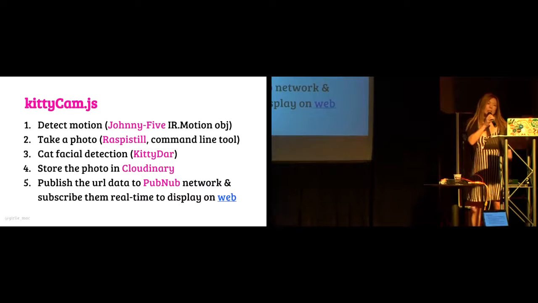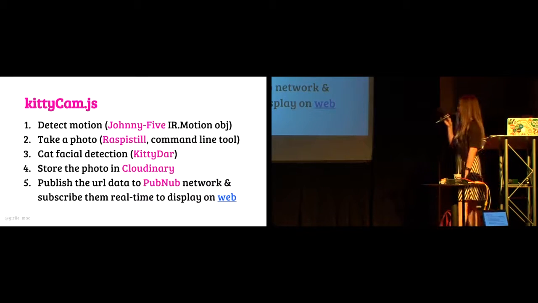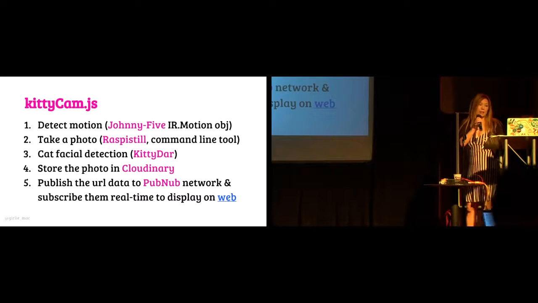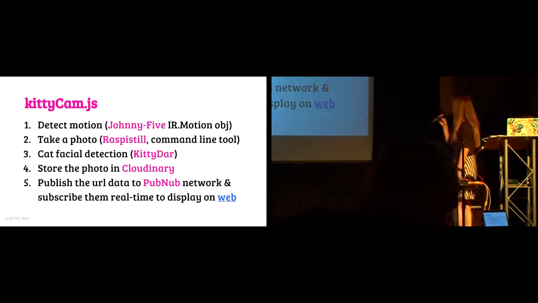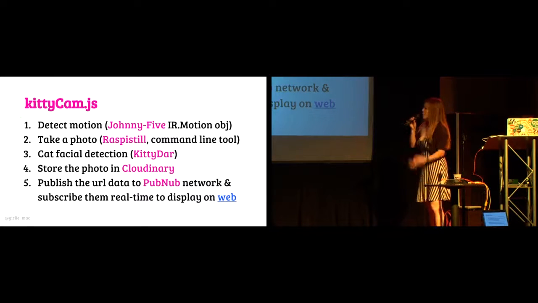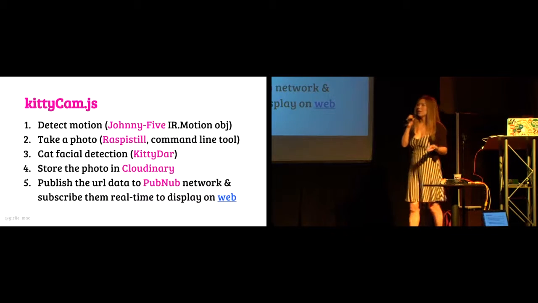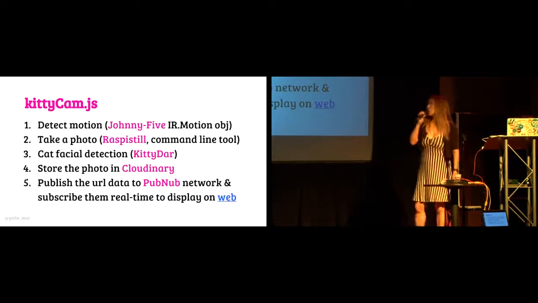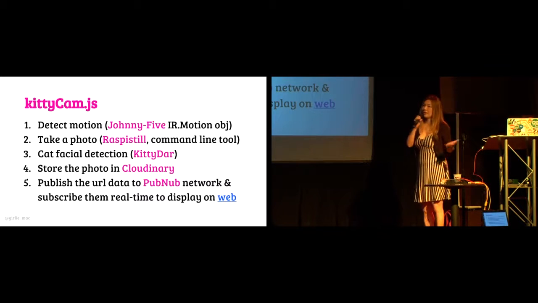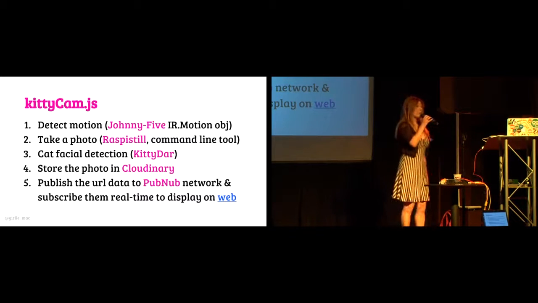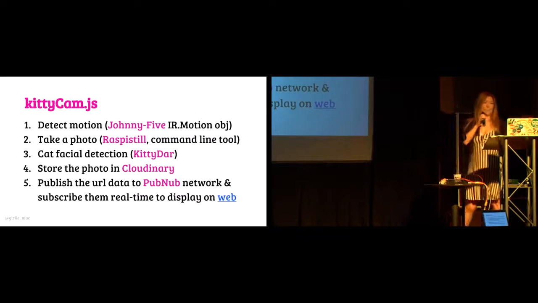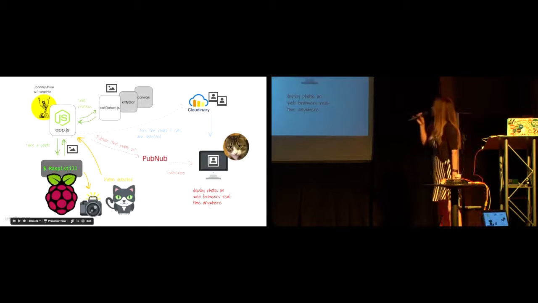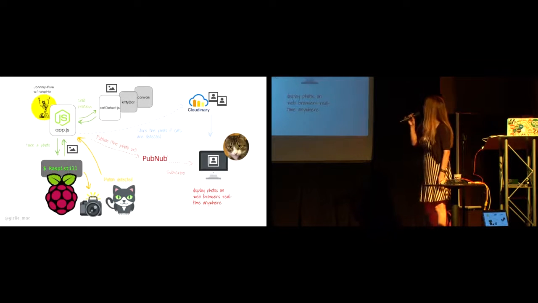Then I'm using Cloudinary for the cloud because they provide really easy to use APIs for Node.js. And lastly, I'm using the PubNub network for the socket connection. As I mentioned earlier, this is the company I worked at, and we take care of a global data stream network. So we can publish the URL data and subscribe to the data on the web really easily. And this diagram shows pretty much what I just explained.